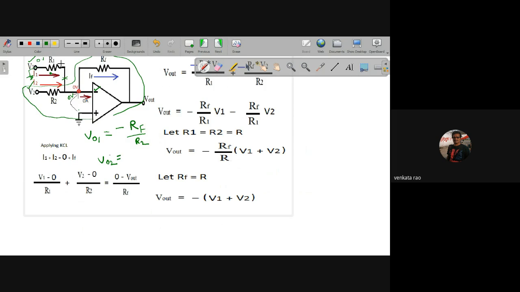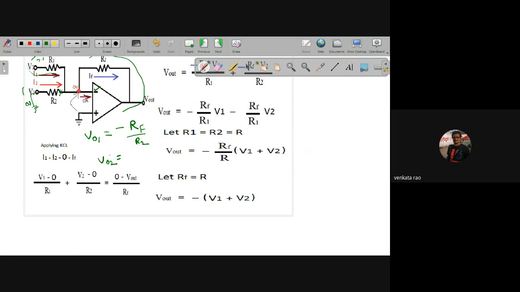Similarly, now I'm going to V02. Now this source is present and the other is grounded. Same as before, 0 volts here, the current through this is 0, so you can treat it as an open circuit.